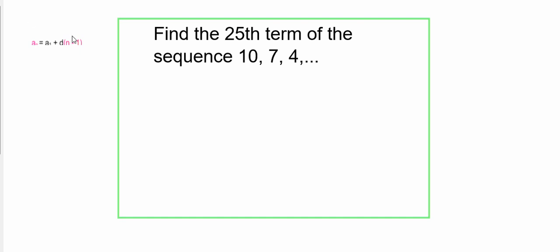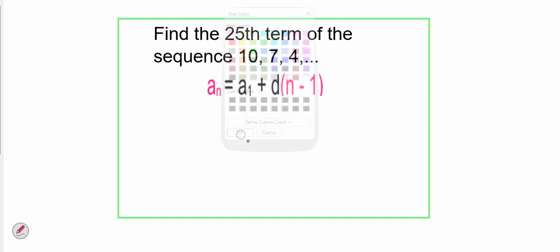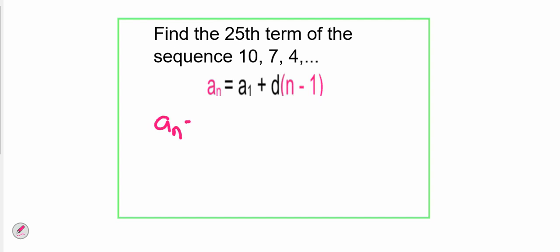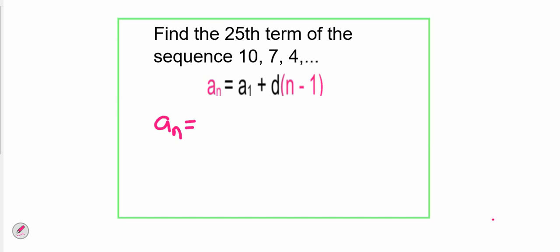So far all we've done is write our explicit formula for the sequences that we've been given. But now we're going to use it. First, before we can use it, we've got to write it. I'm going to pull up some hot pink, or maybe that's really called magenta. Let's see what you think it is. So here we go. We've got a sub n is a sub n, and then we've got our a sub 1, which is 10.